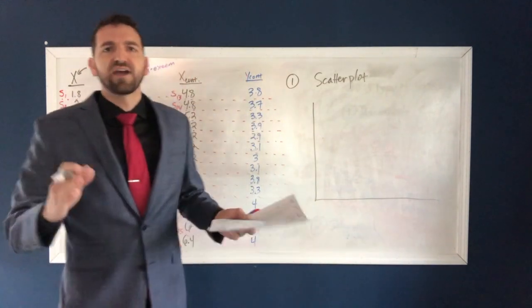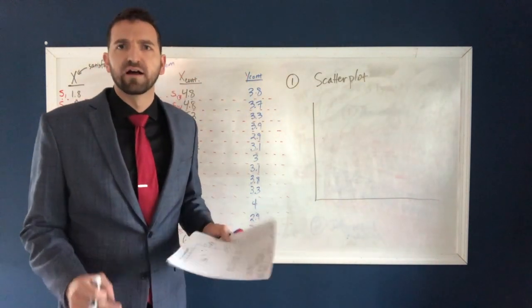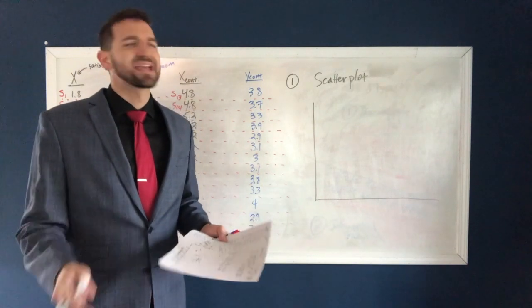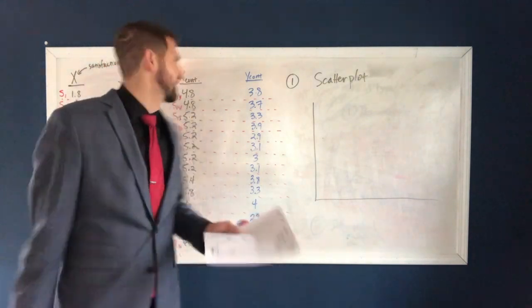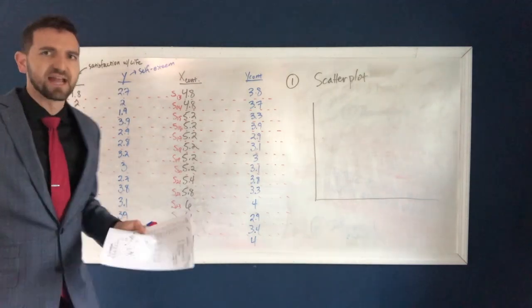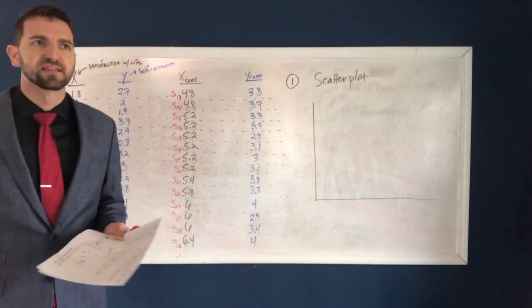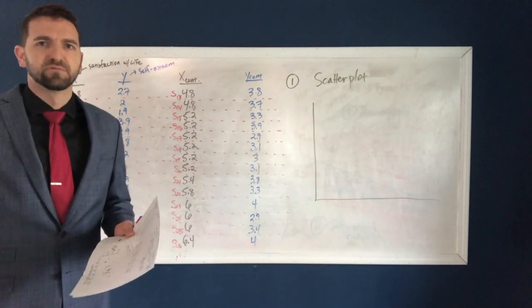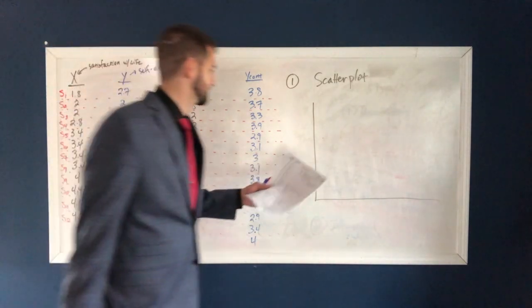And then you have to figure out which one you want on the y-axis, which one you want on the x-axis. So in this case, I tell you, right? Because I'm telling you x is satisfaction with life and y is self-esteem. This is going to matter when we talk about regression, but we'll cross that bridge when we get there.